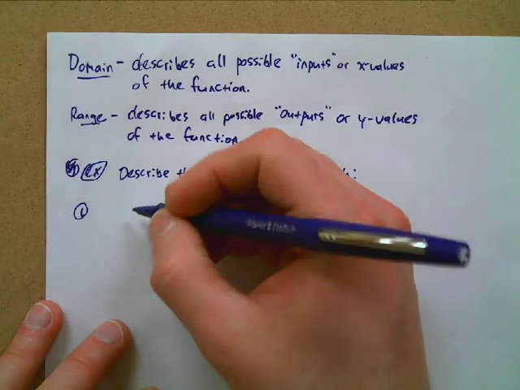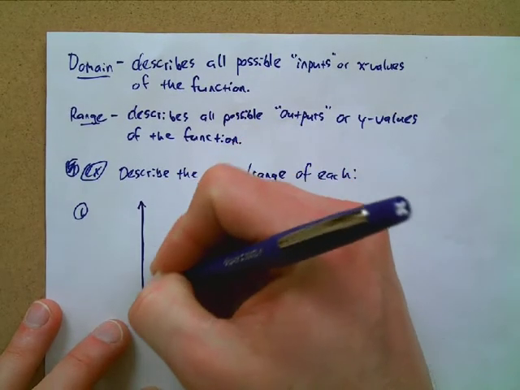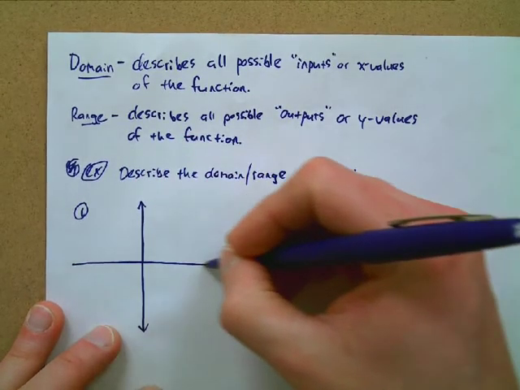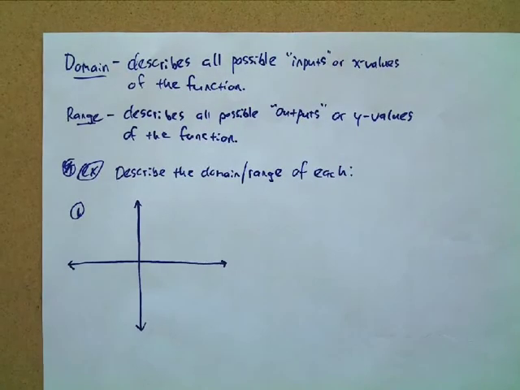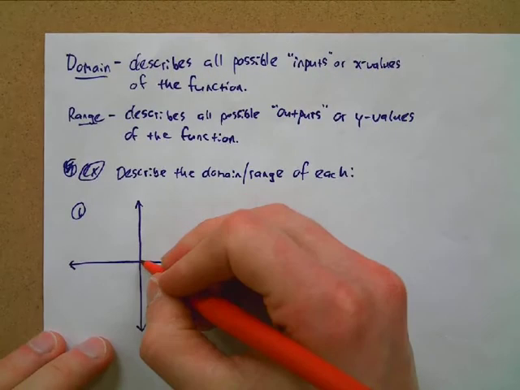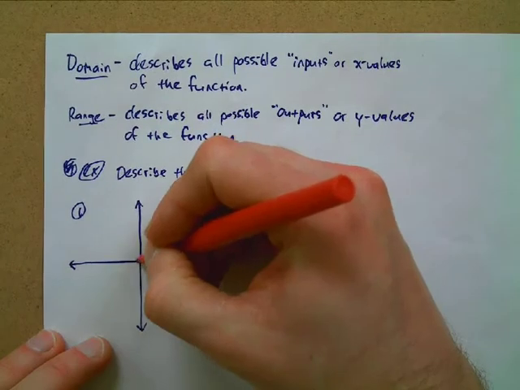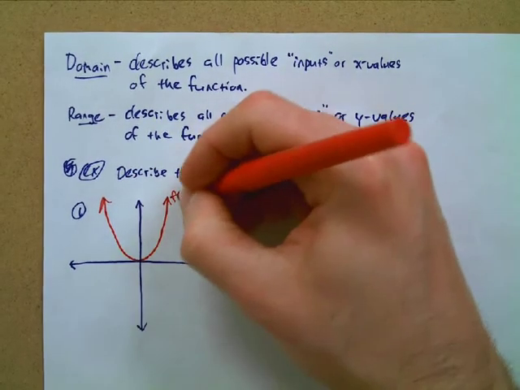So number 1 here, let's take a look. I'll put the function in red here. Something like that. So we'll say that's f of x.